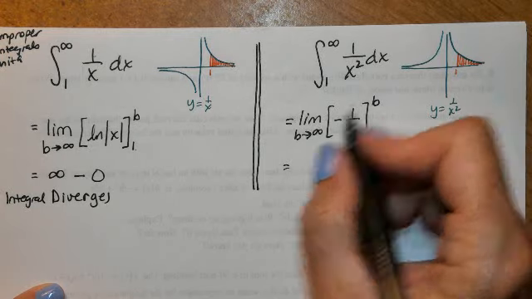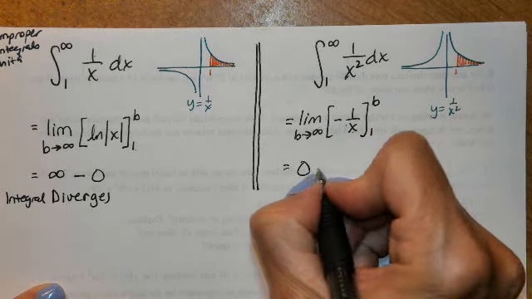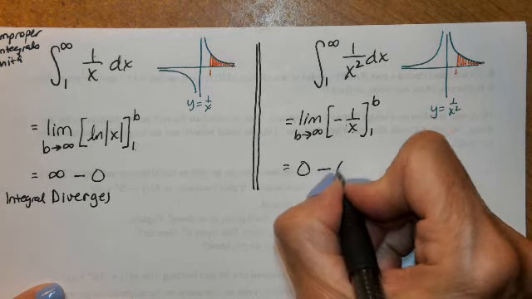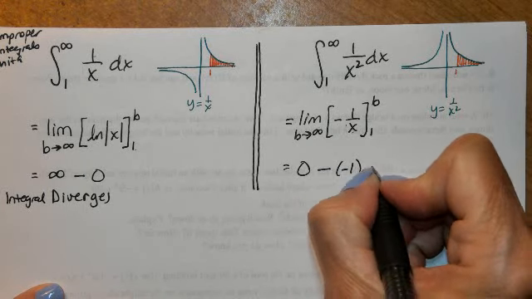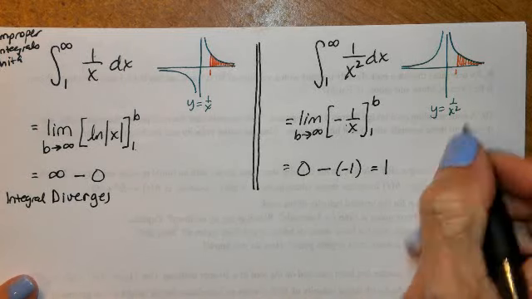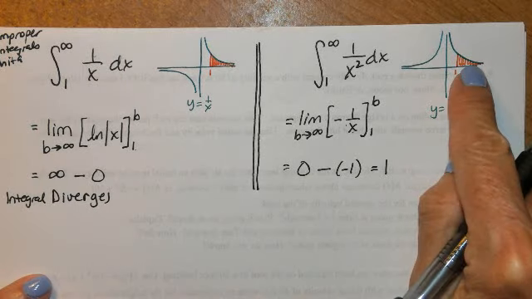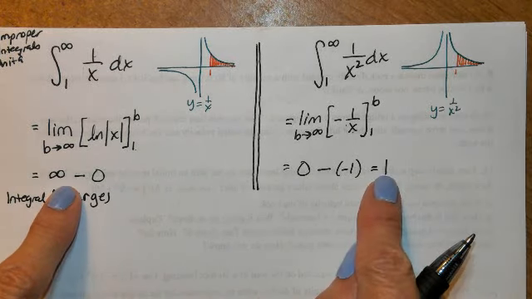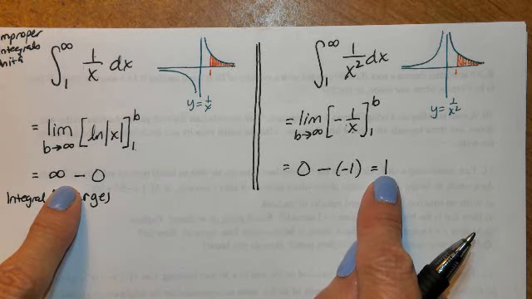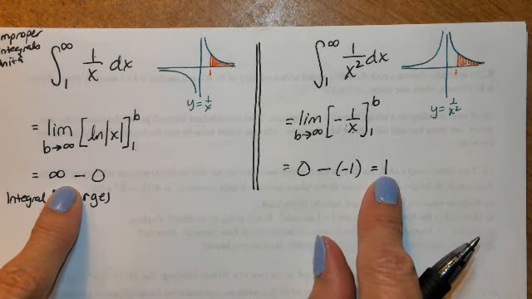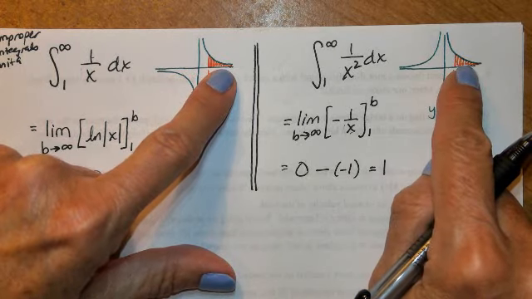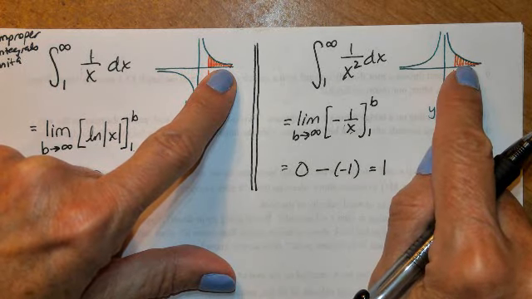This is going to 0. Minus, put 1 in for x, we get negative 1. So this area, not only is it not infinite, it's just 1. Okay? So, even though they looked similar, they clearly were not that similar.